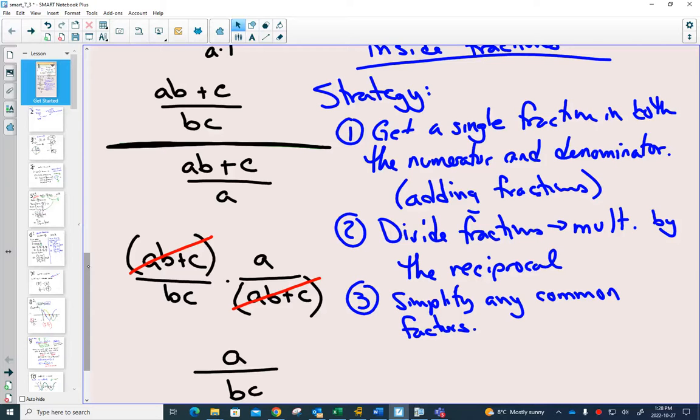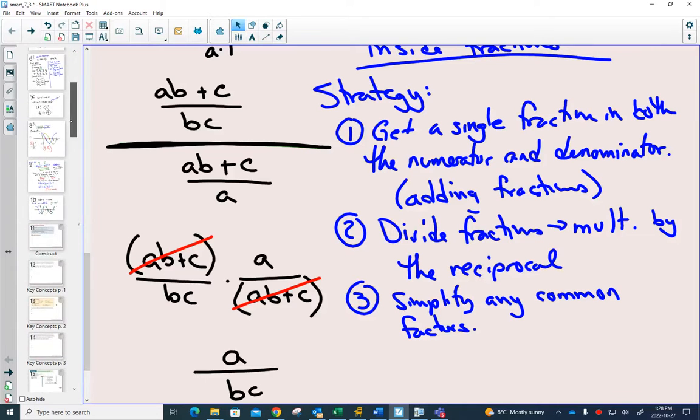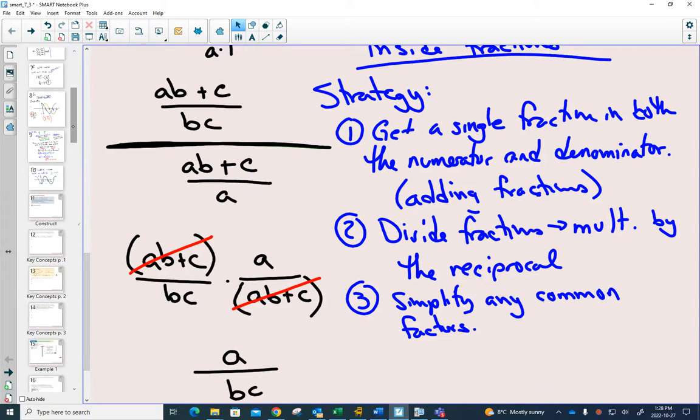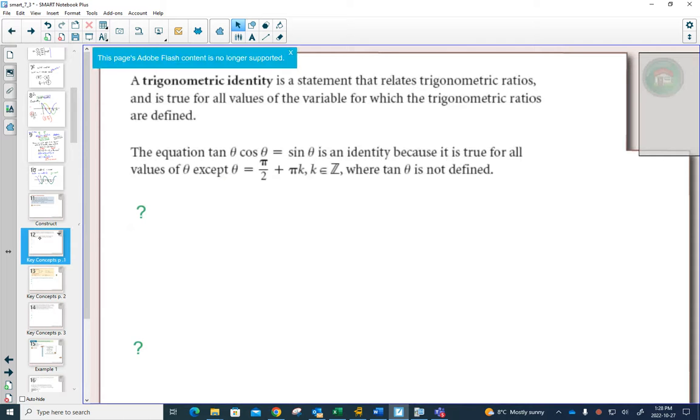So how does this work with trigonometry? Well, if we turn to the next page, we have an important definition here. Can highlight it.